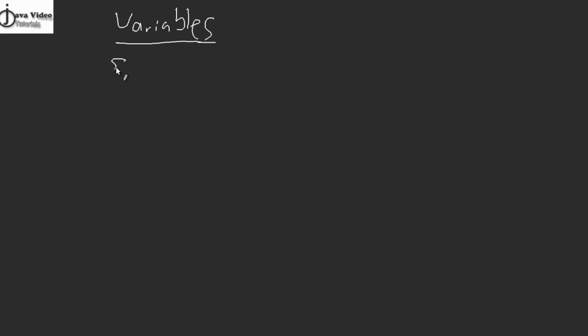A variable is essentially just a storage location, okay, that's given an actual symbolic name. Okay, so some way to reference the variable, and at this storage location, it actually stores some sort of a value.